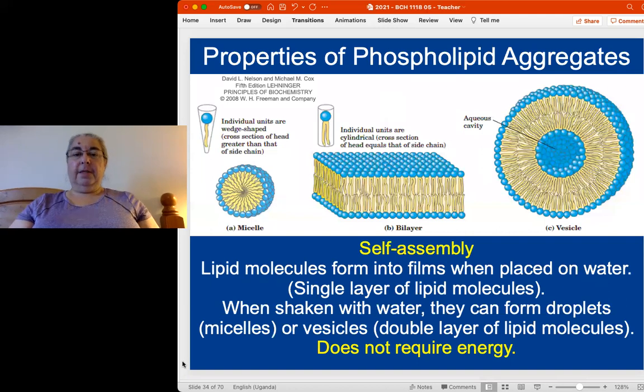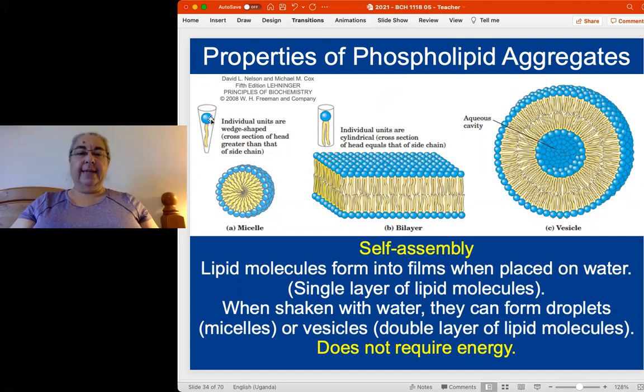Okay, so if we think about the sort of shapes that phospholipids can make, this all depends on the particular shape of the phospholipid molecule. Here we see a lipid that has a hydrophilic head and just a single tail. Most of the lipids we've looked at so far have had two tails. This one just has one.